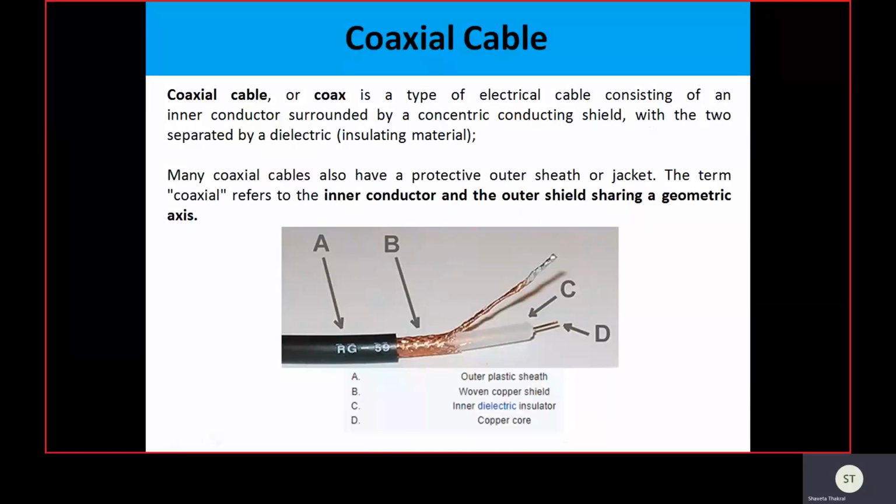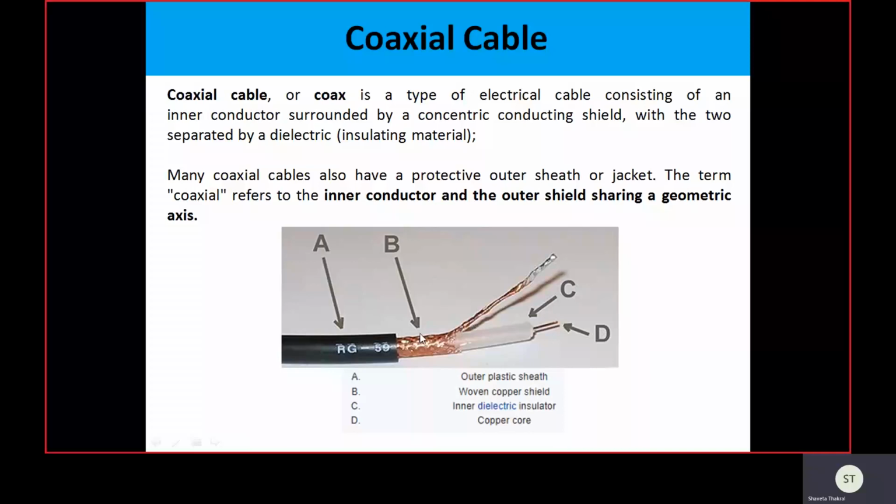The next we have is coaxial cable, or in short, coax. Basically, in the coaxial cable we can see here four layers. This D is shown as the copper wire. The outer layer here is C, the dielectric insulator layer. Then we can see the B layer, the copper shield.